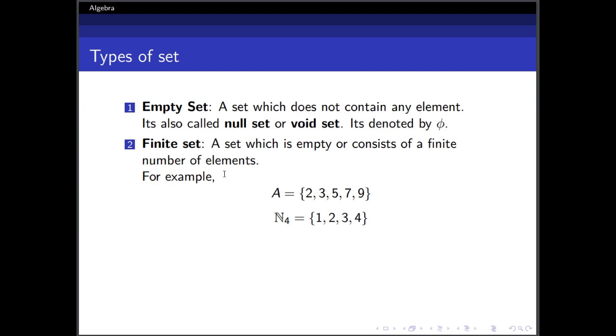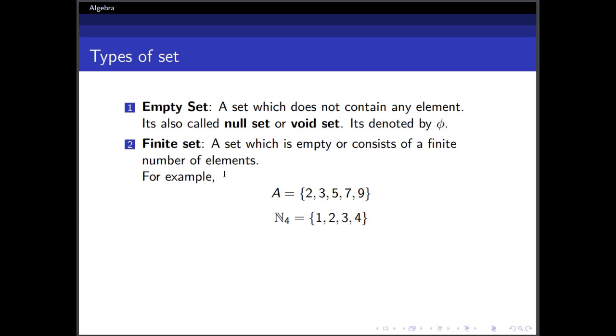Next one is the finite set. A set which is empty or consists of a finite number of elements. For example, set A is equal to {2, 3, 5, 7, 9}, or this is N4, the set of the first 4 natural numbers, 1, 2, 3, 4. So these both are finite sets.